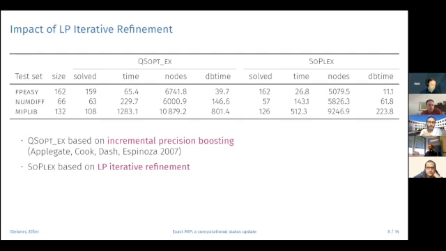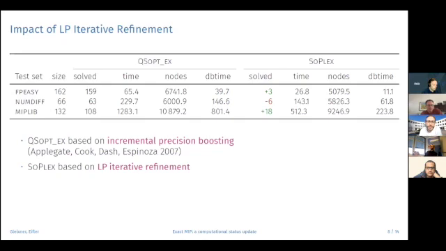And so the results that we see here are that we can solve more instances, not everywhere. So we actually lose some instances on the NumDiff test set. We actually lose as many instances as we gained in the first step, 6.